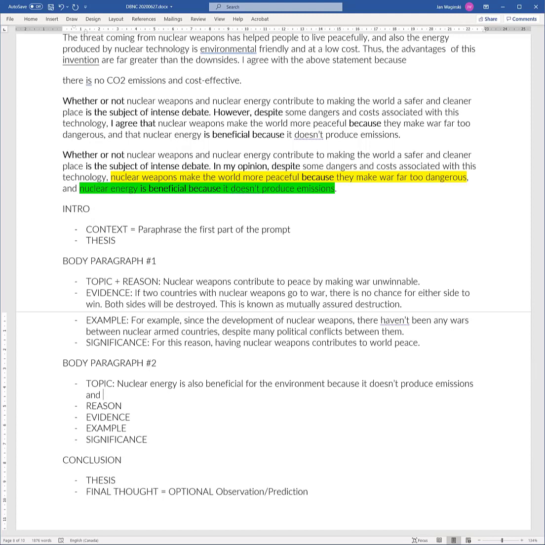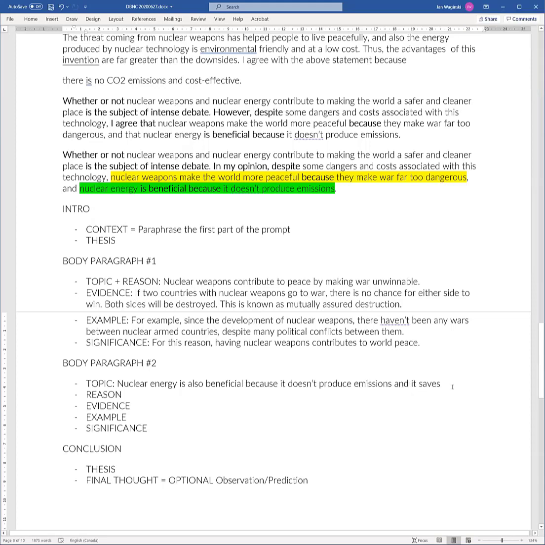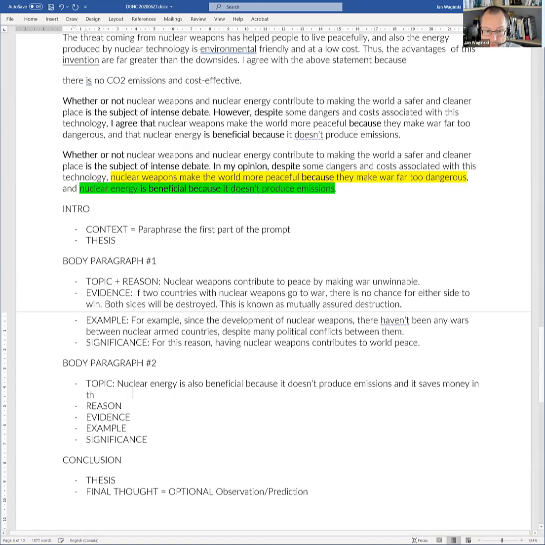It's costly to build, but it's low to run. Okay, so let's say it saves, beneficial. Let's go like this. Because it doesn't produce emission and it saves money. In the long run? Yes. In the long run.